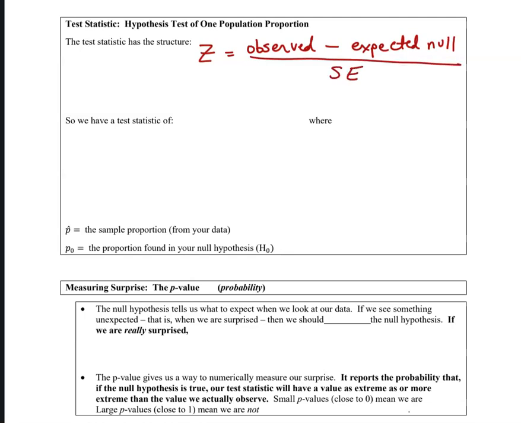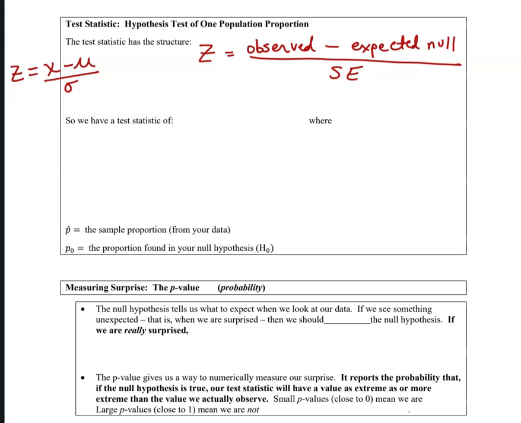And what I hope you maybe kind of recognize is that this has the same structure as this. Remember way back when we calculated z-scores, we used this structure. It was our particular value we were working with, that was x, minus the mean, the mu, divided by sigma, the standard deviation. So observed is p hat.